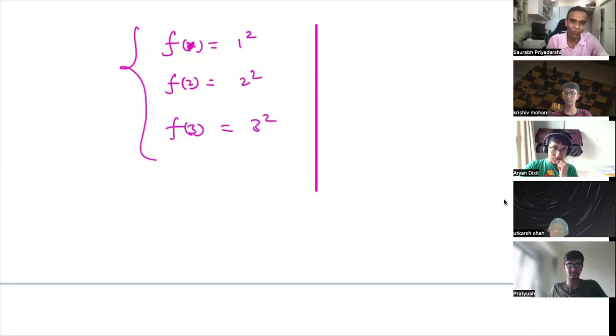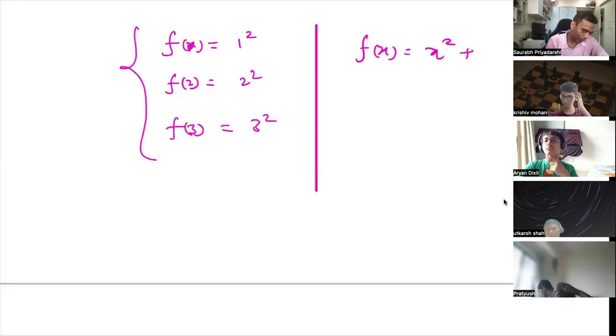But I'm giving you one beautiful example of this. Infinite examples are there, right? One or two examples I'm giving you. Like f(x) is equal to x square plus sine of pi x.